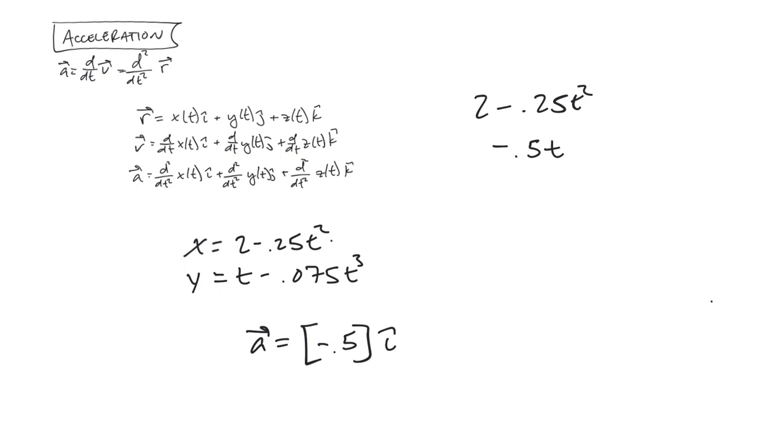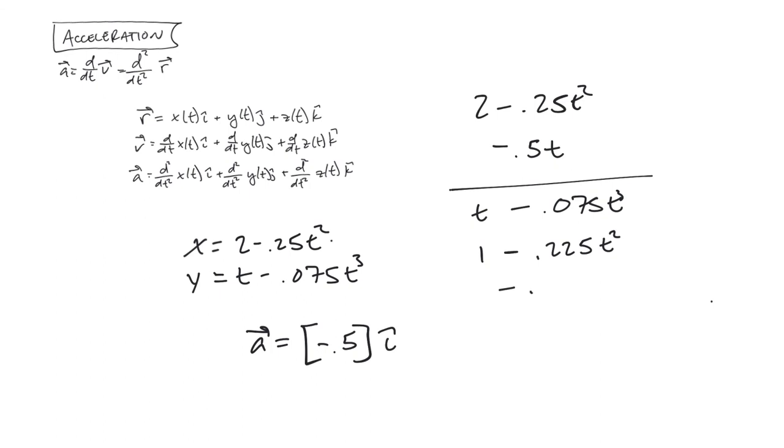And then you have to do the same thing for the y. Take the second derivative. First derivative is going to be, I'll write it down first, t minus 0.075 t cubed. First derivative, the t turns to 1 minus 0.075 times 3 is 0.225, and then that's going to be t squared. Then we got to take the derivative again.